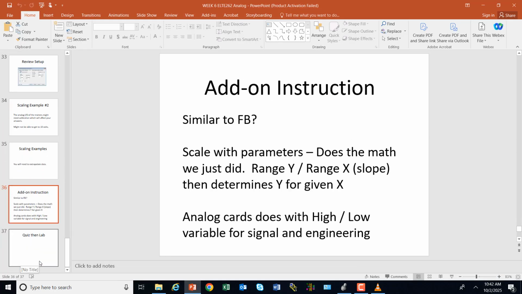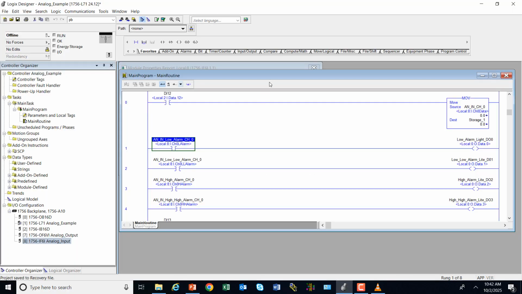So we'll be making an add-on instruction in this lab, and it's similar to, I think, a function block that we did for the Siemens, okay? When you make this add-on instruction, it will pop up here under your user-defined add-ons.